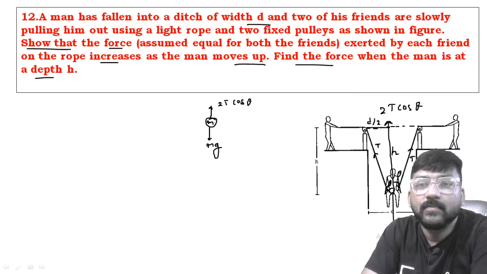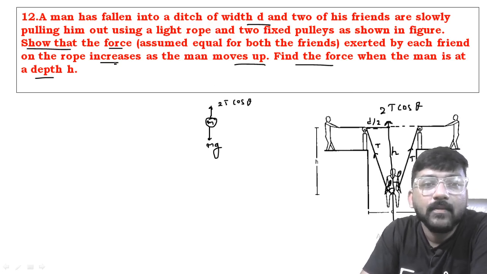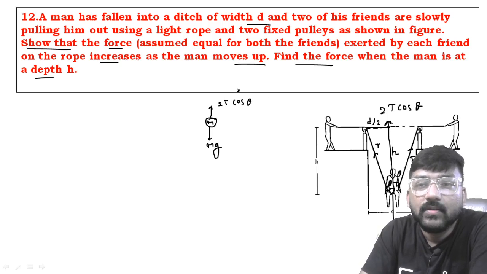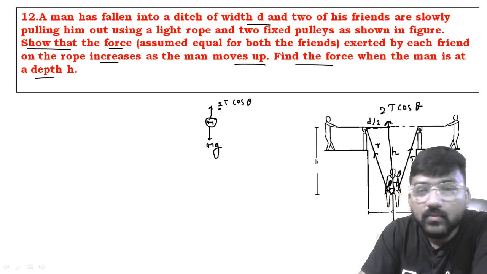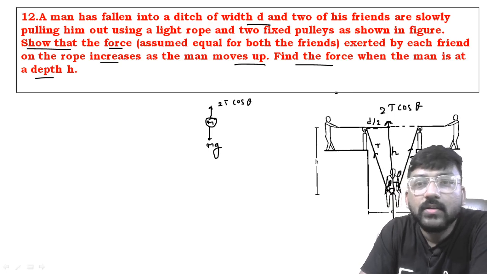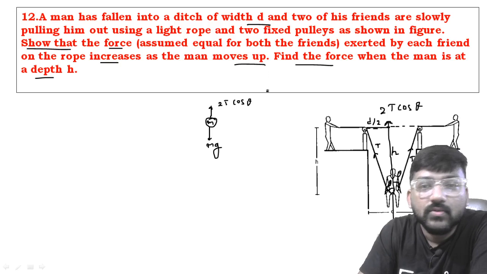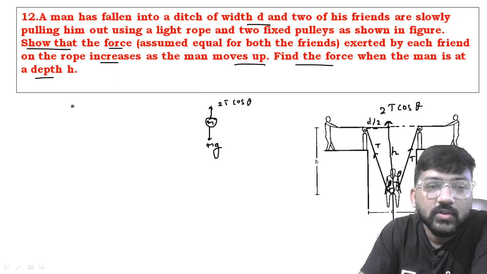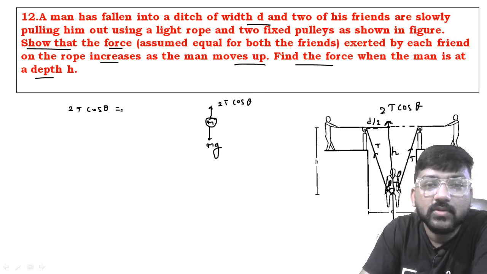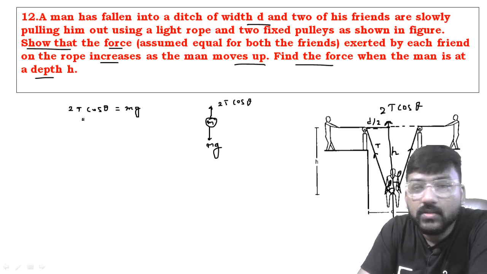So as soon as the man moves upwards, let us suppose that there is no acceleration. So what will happen is 2T cos theta will be equal to mg at any position. Now what is T?